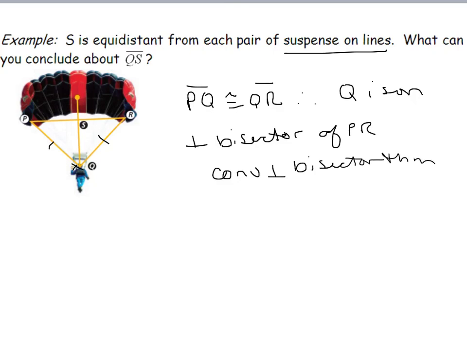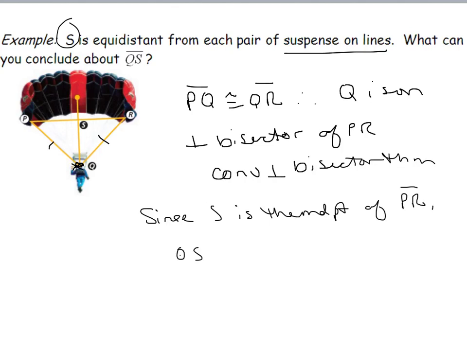Right? So those are congruent, so therefore Q has to be on there because of the perpendicular bisector theorem. Sorry, the converse of that. So the information that we have, S is equidistant from those. So since S is the midpoint of PR, QS has to be the perpendicular bisector of PR.